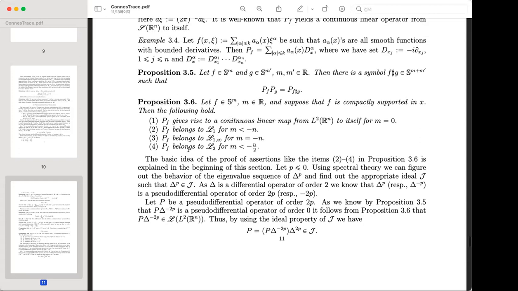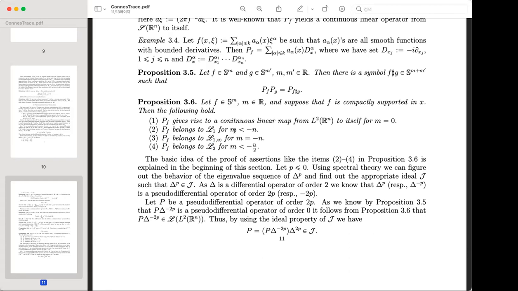Okay, I explained to you the ideals which belong to the space of bounded linear operators on the Hilbert space. If the pseudo differential operator is associated with a symbol of degree less than minus n over 2, then this operator belongs to the L2 ideal, sometimes called the ideal of Hilbert-Schmidt operators.